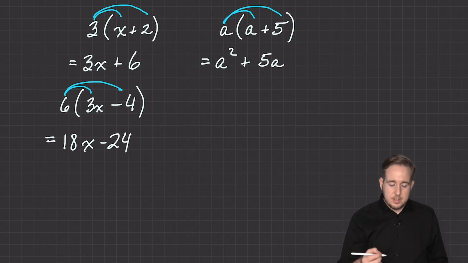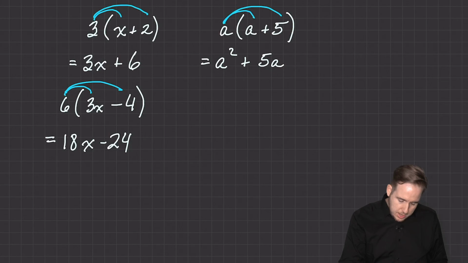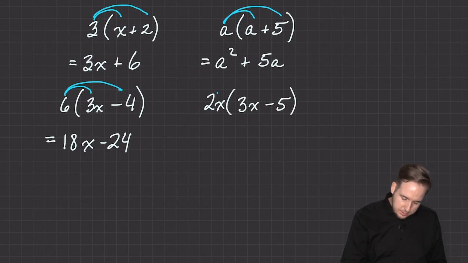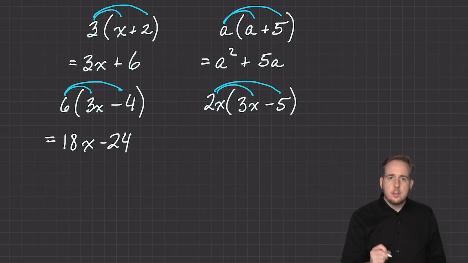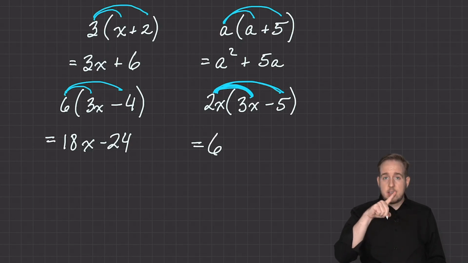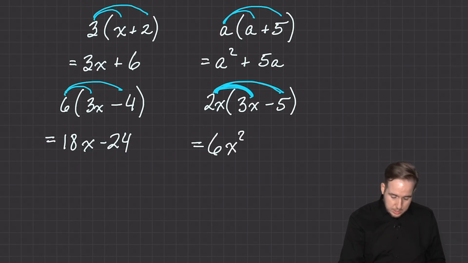Okay, let's keep making the examples a little bit harder. So how about 2x, 3x minus 5? Okay, so again, distribute. And what often happens when people are in a hurry is this one they can remember, but if you don't draw the line, sometimes the second one you forget. I'll show you what I mean. So 2x times 3x, do the numbers first. 2 times 3 is 6, do the letters second. x times x is x squared. Okay?